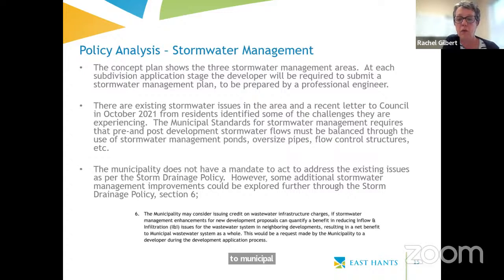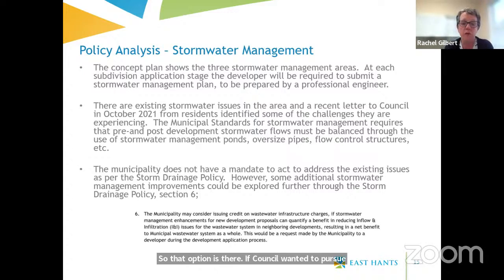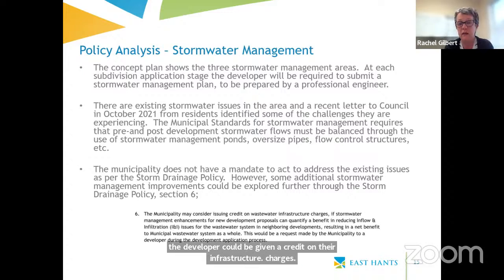This would be a request made by the municipality to a developer during the development application process. So that option is there. If council wanted to pursue that with the developer, they could have that discussion to see what improvements could be made, and the developer could be given a credit on their infrastructure charges. I don't know if Jesse has anything to add to that.